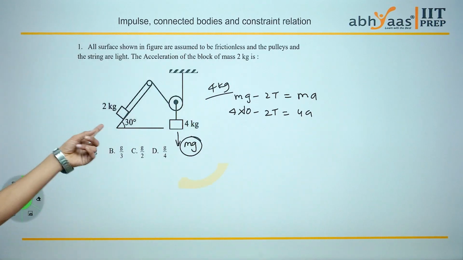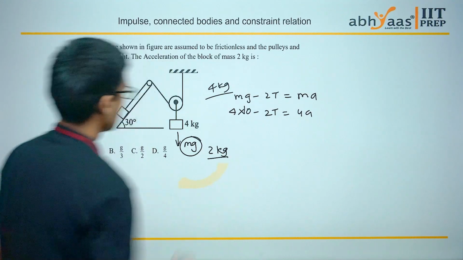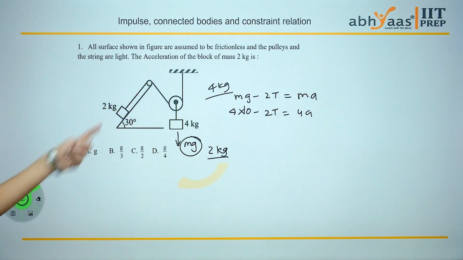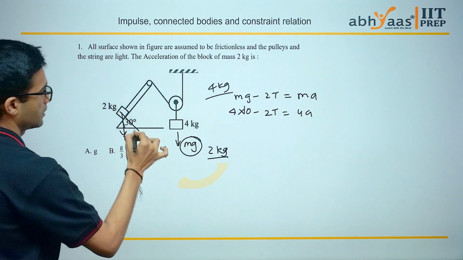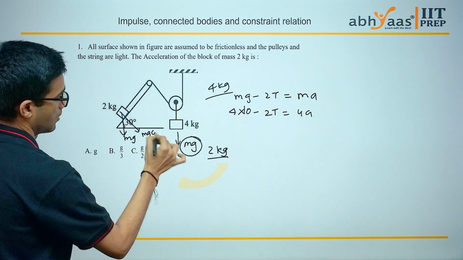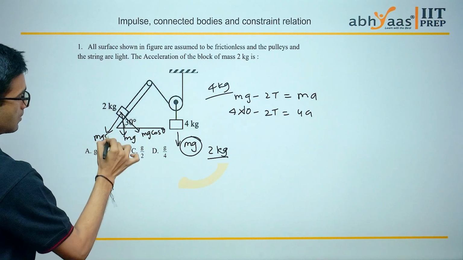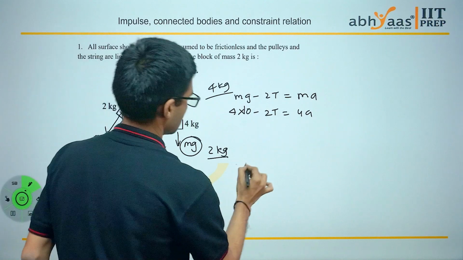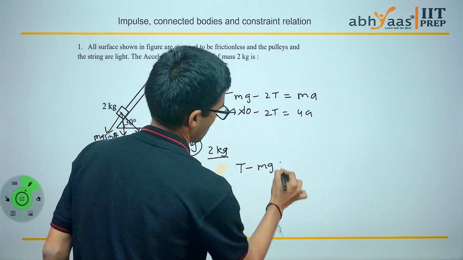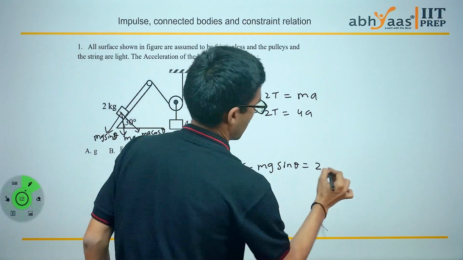Another one for the 2 kg mass: here the tension acts on this side. If you resolve this, this is mg, this is mg cos theta, this is mg sin theta. Theta is 30.